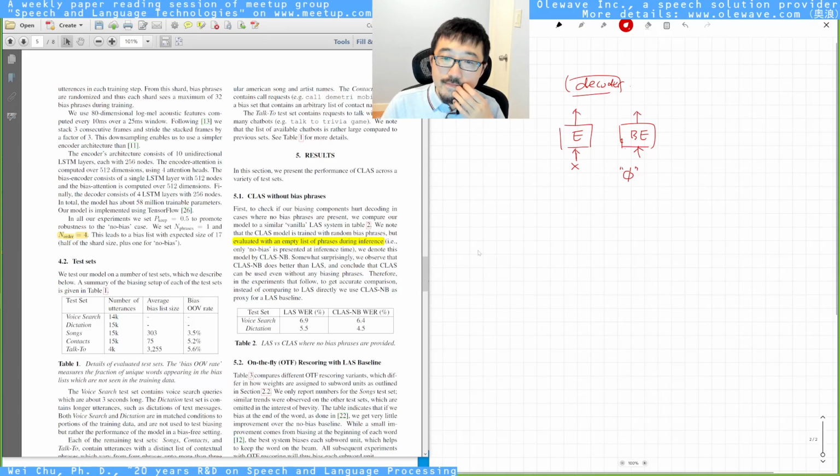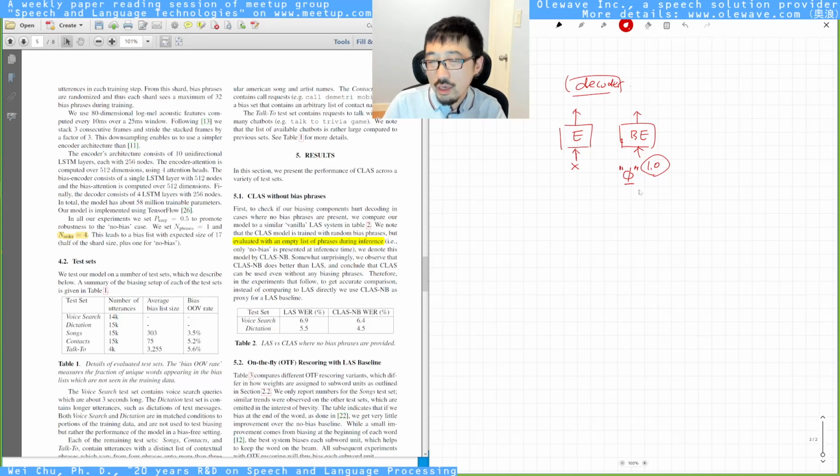I think this is interesting to me, but I also encourage anyone who has seen the video to think for themselves why this thing worked so well. To me it seems that suppose you only fed into the bias encoder just one bias phrase, the attention weight has to be given to this phrase. It will almost be 1.0 at all times.